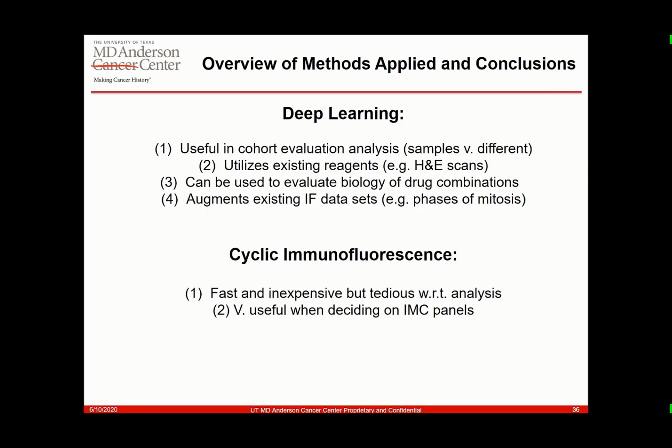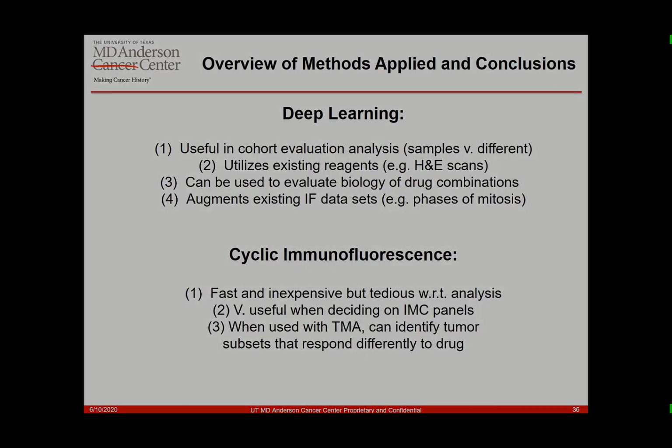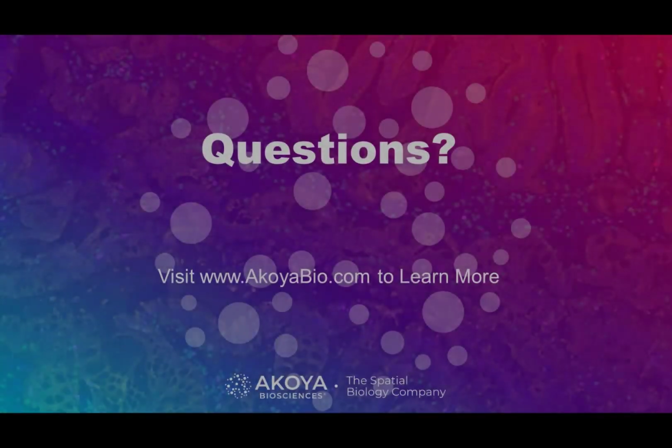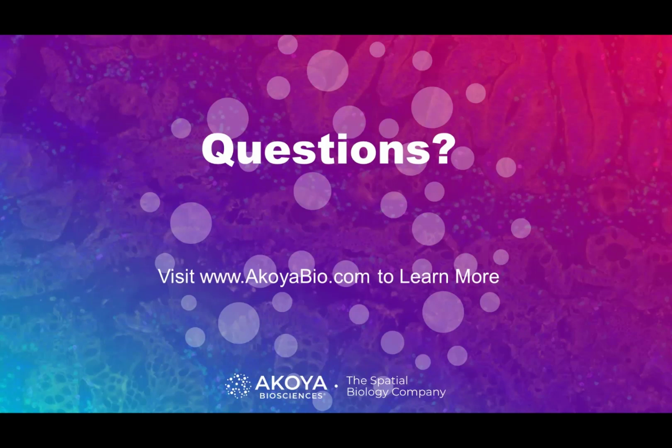That's really what we're using it for, almost a stepping stone to informing what direction an imaging mass cytometry panel is going to lean. And when used with a TMA, it can be helpful to identify tumor subsets that respond differently to the drug.